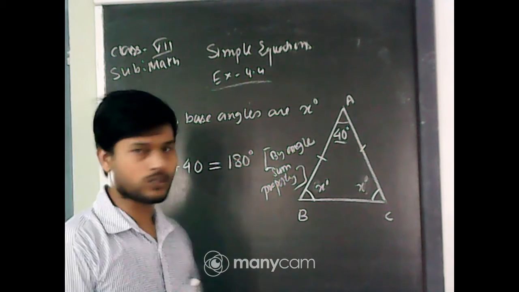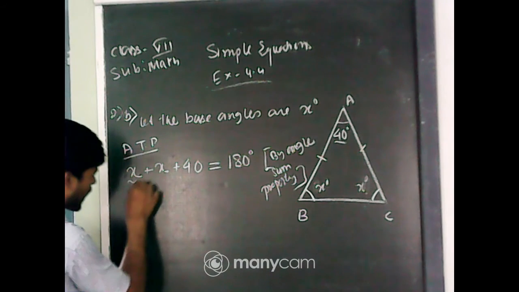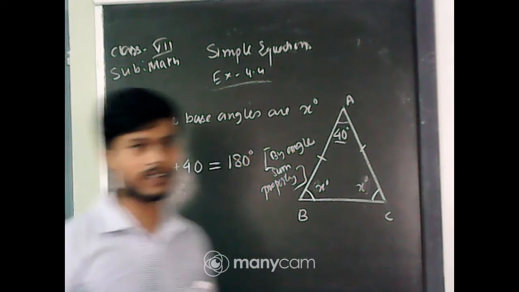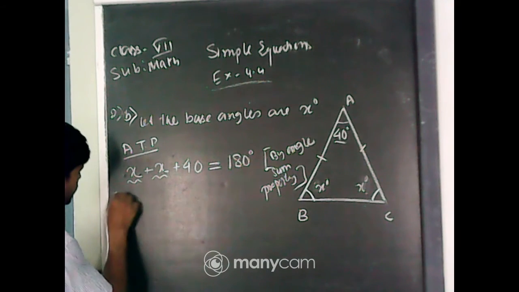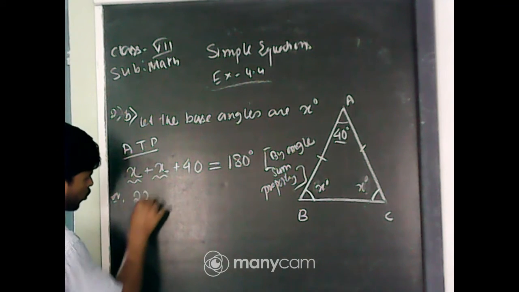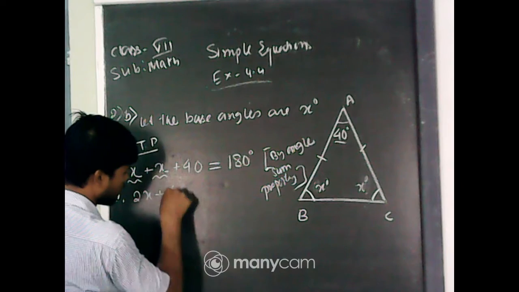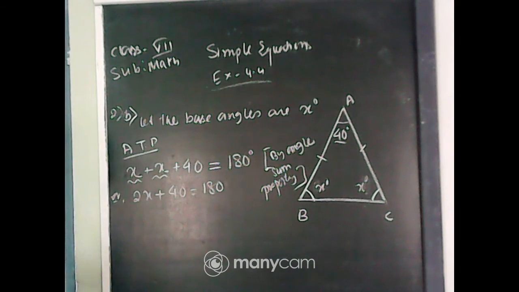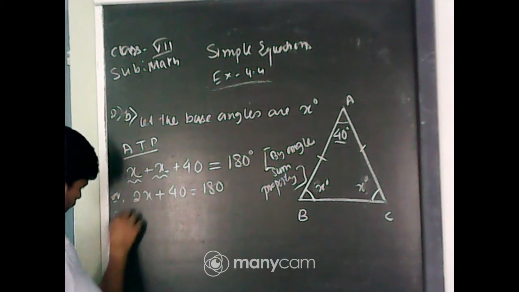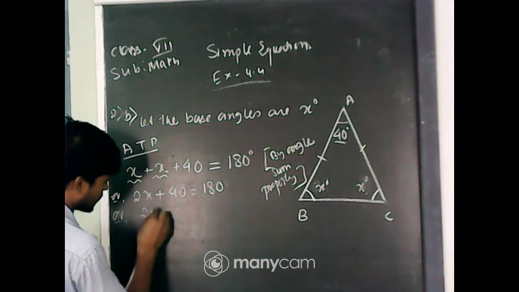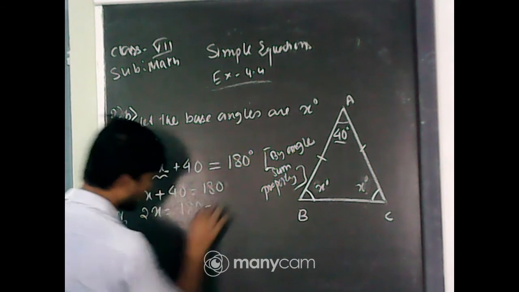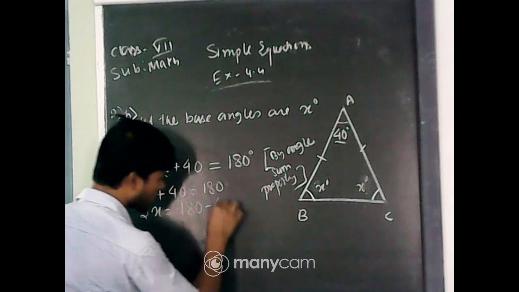Okay, now our equation is ready. We have to solve it. Now look, x plus x. When we add x with another x, the result will be 2x plus 40. That will be equal to 180. Now we have to solve it. That means 2x will be equal to 180 minus 40.